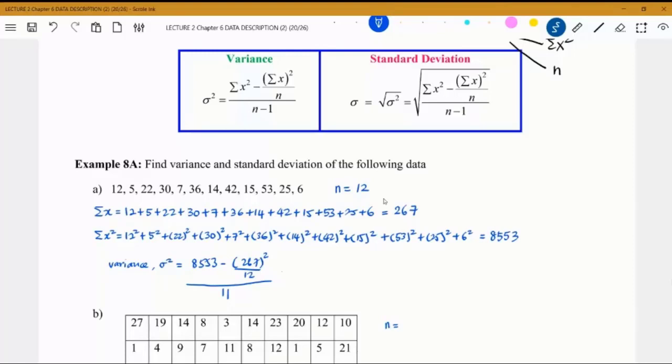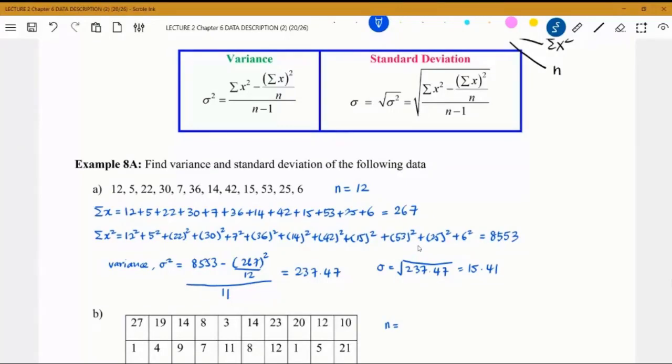The value here is 237.47. That will be your variance. To find the standard deviation, we square root the variance, and we get 15.41. So that's how to find the variance and standard deviation.